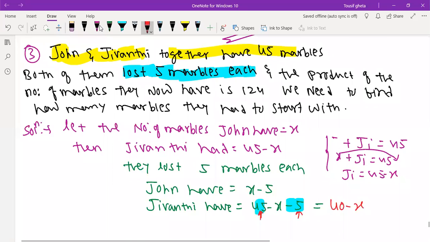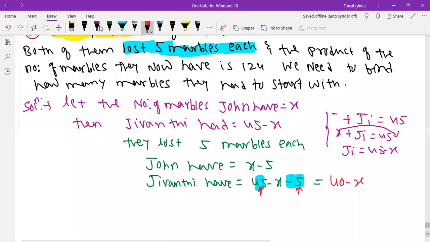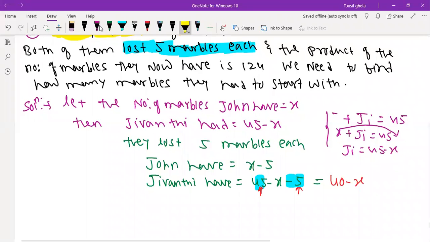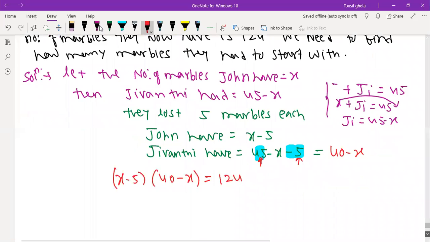Next data says product. The product of the number of marbles they now have. Product means multiplication. So John has x minus 5 and Jeevanti has 40 minus x. The product is 124. Simple. Now the rest is calculation. Multiply.